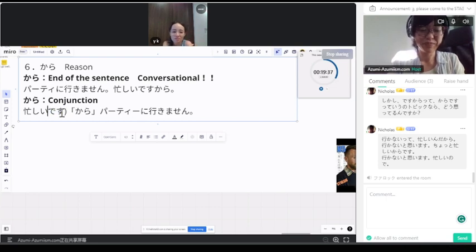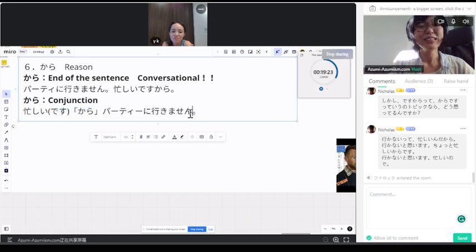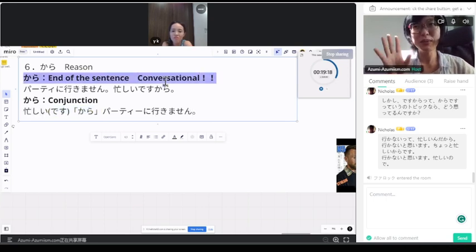But in conversational speaking, we don't care much about short form and long form rules, so this is also allowed: 忙しいですからパーティーに行きません, right? Okay. So the point is, this is conversational. As long as you remember this is conversational, it's okay. Just go for it. Yes. Okay, let's go. Next topic.